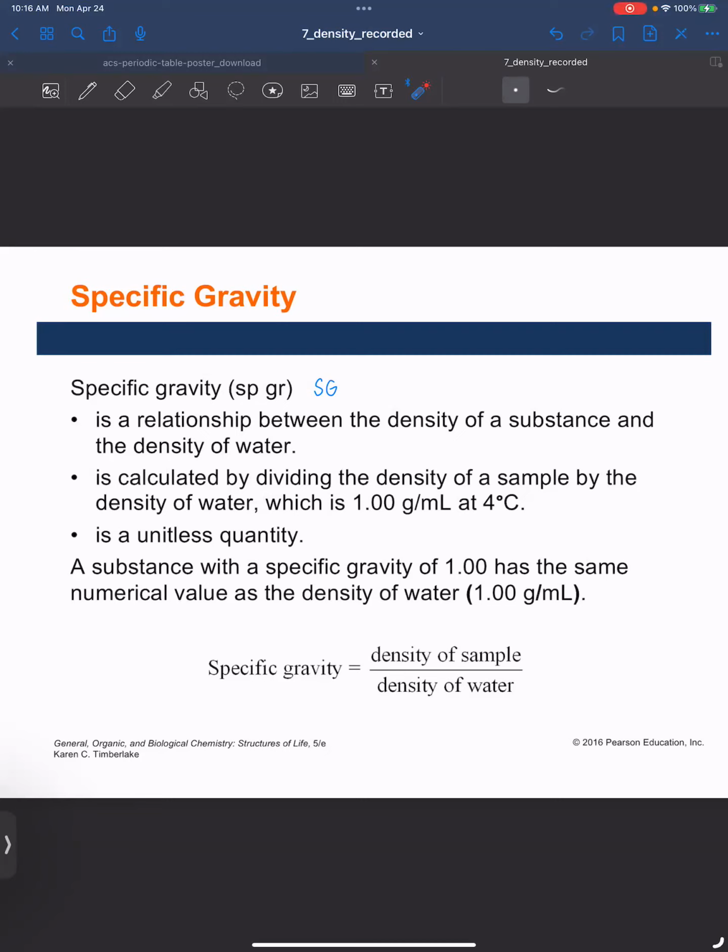It's an easy and convenient way to gauge a patient's hydration status, as well as the functional ability of their kidneys. So like I said, many of you who may be going into the medical field may be working with specific gravity for different patients. And so simply the formula is specific gravity is density of the sample over density of water.